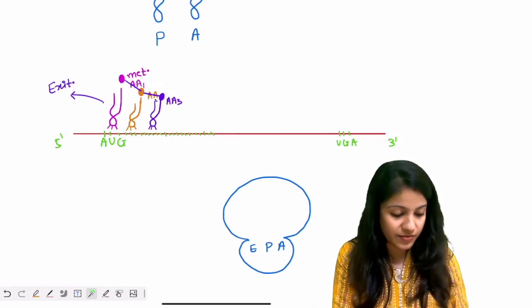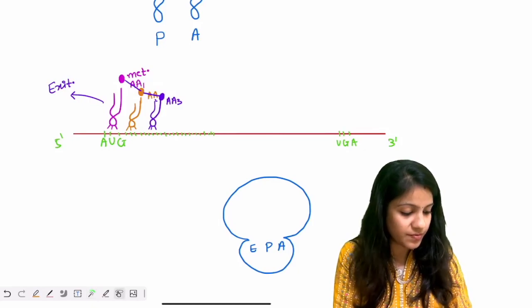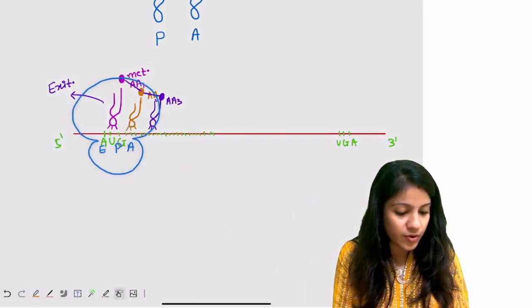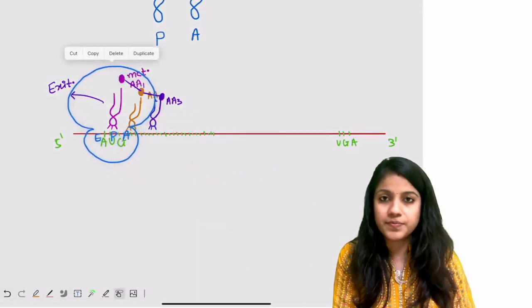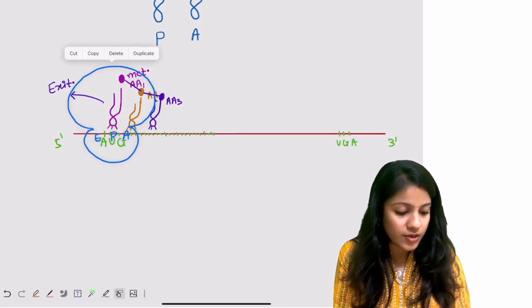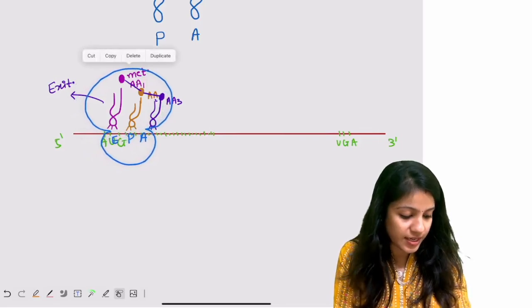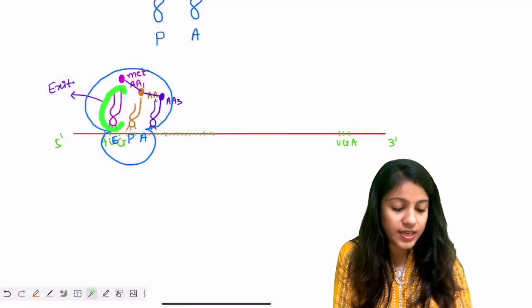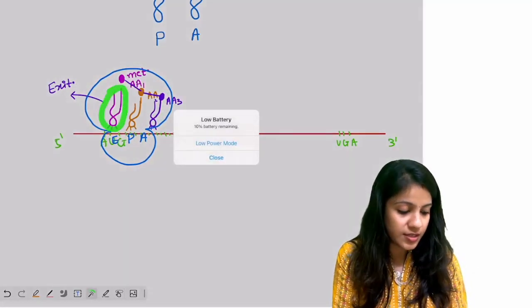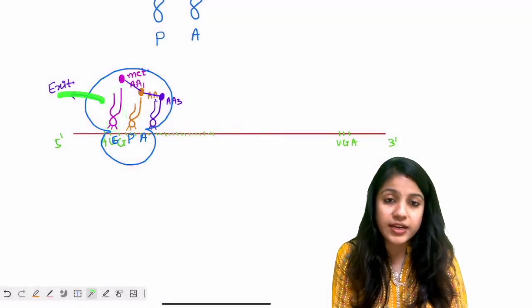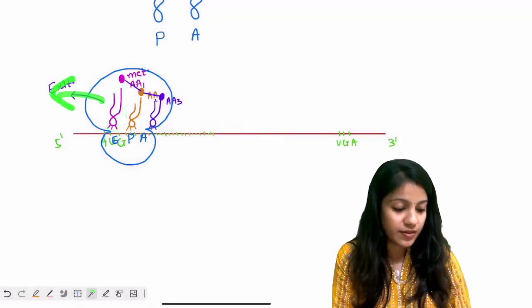Now again, we will come back to this ribosome. See, where was this ribosome initially? Here, right? So it was moving. Now this first tRNA came on which position? E position. So this tRNA took an exit. Fine.